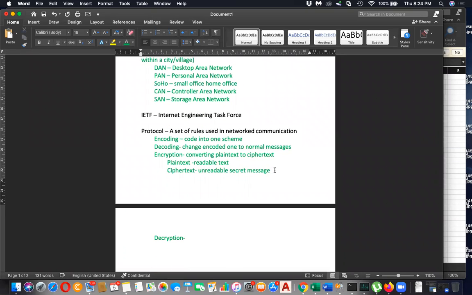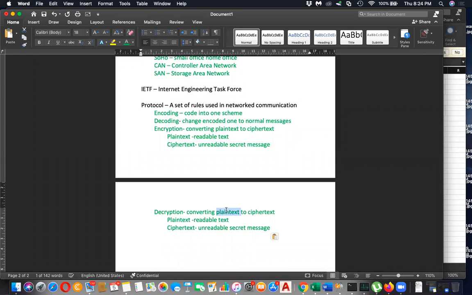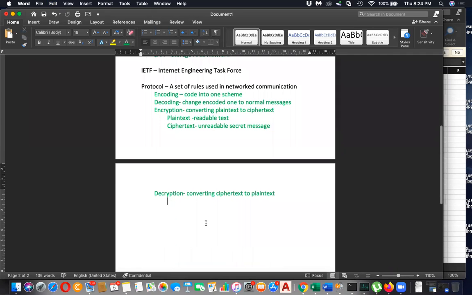Decryption means the other way. Decryption means converting ciphertext to plain text. Converting ciphertext to plain text is called decryption. So what do you really mean by this?